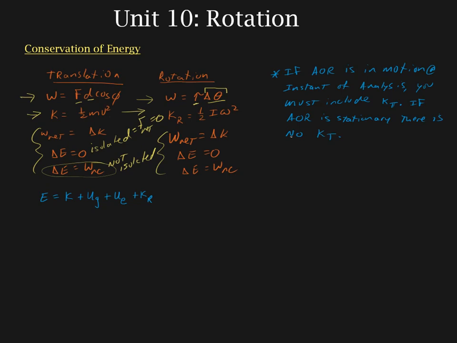Okay, so this is probably the biggest and most important principle that I can give to you as it relates to doing conservation of energy with rotation. And that is, if the axis of rotation is in motion, and here's the other proviso, at the instant of your analysis, then you must include translational kinetic energy.